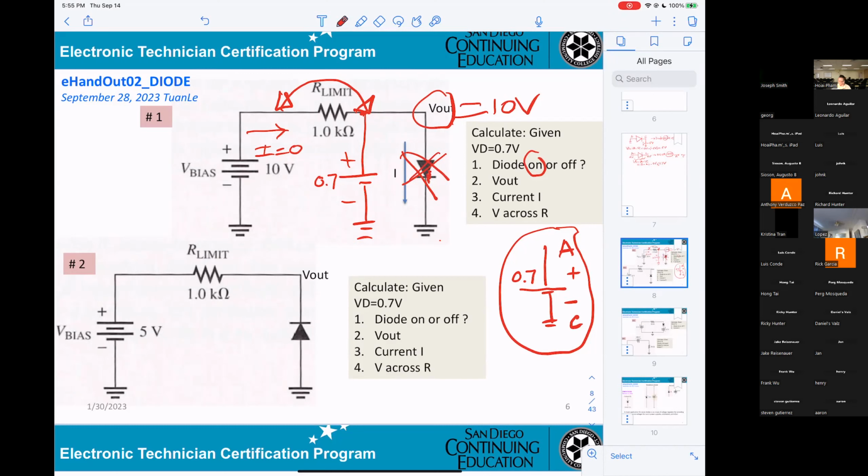You get that? Tell me what V out is. That means what does V out equal if the diode is on? The 9.3.